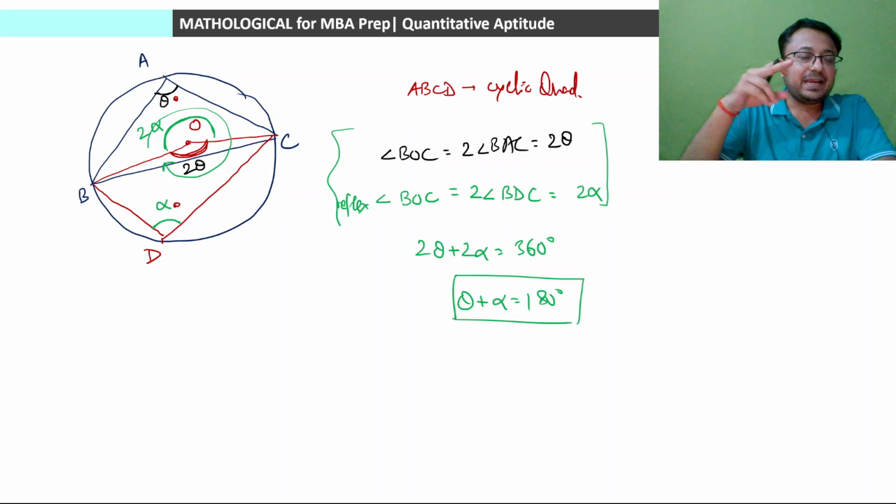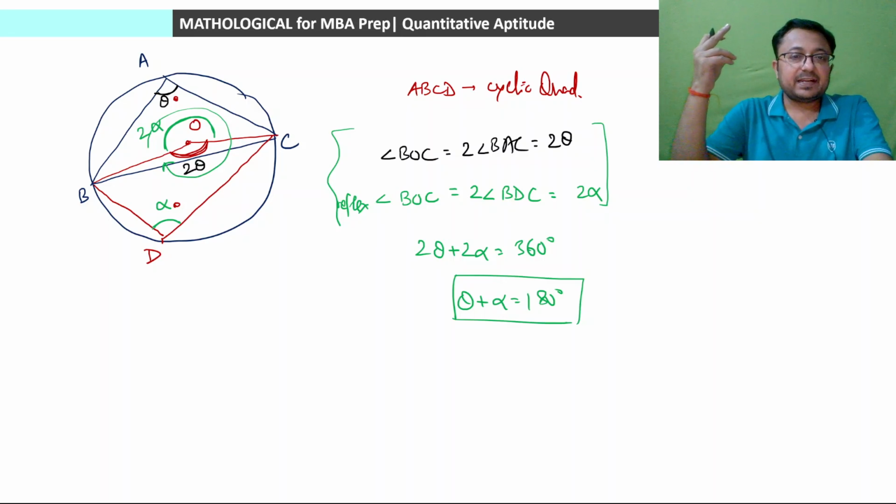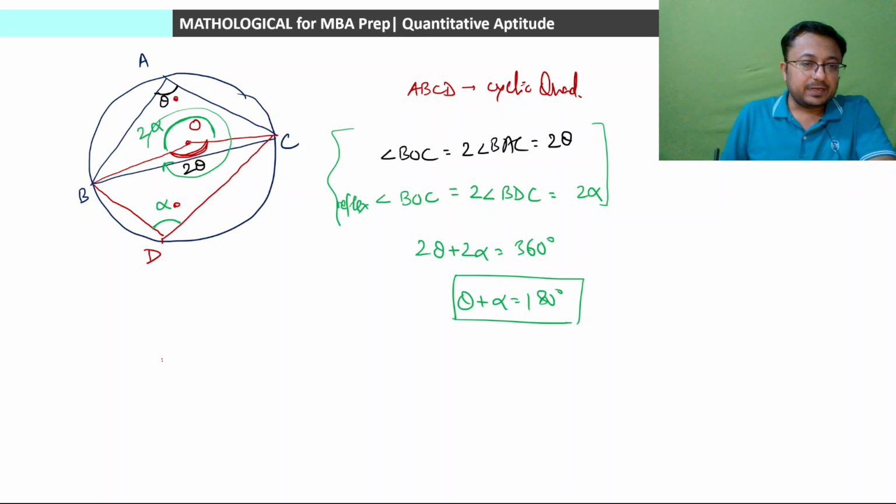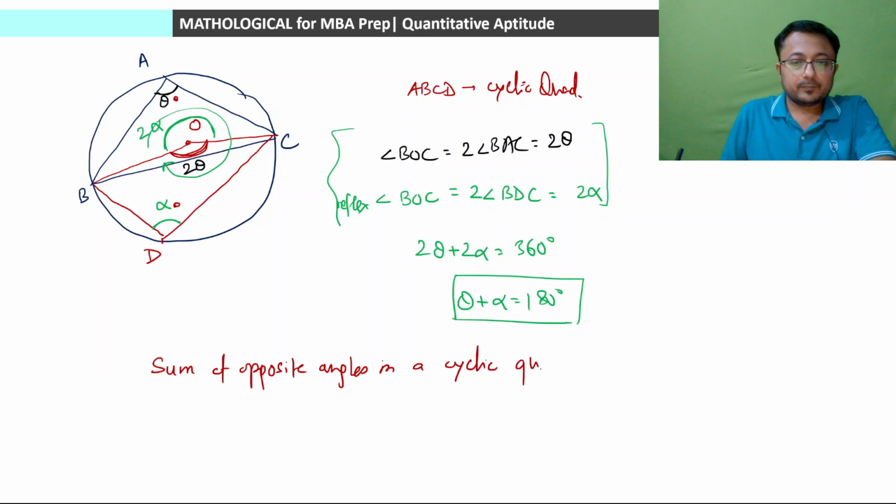Angle BAC and angle BDC are supplementary angles. Isn't it so? Sum of opposite angles in a cyclic quadrilateral is 180 degrees.